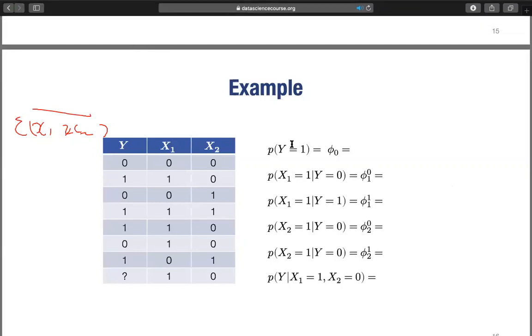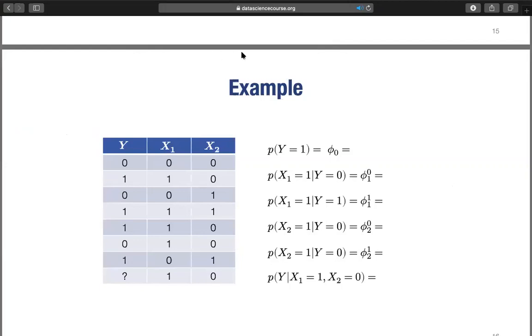So, what is the probability of having y equal to 1 from this data set that we have here? Let's do this quickly so I will go to the interesting part. The probability is not 0.